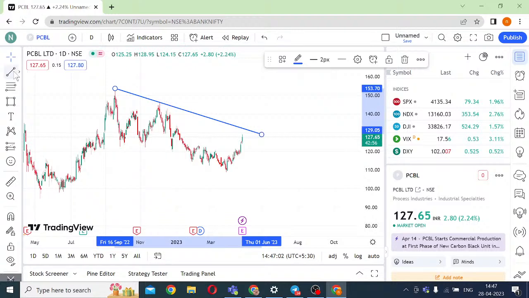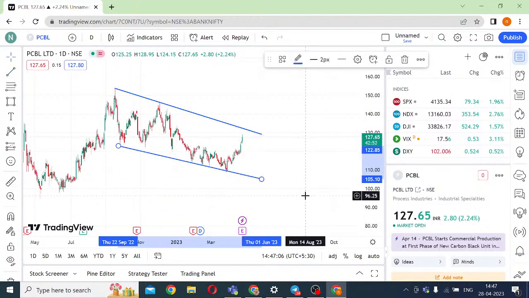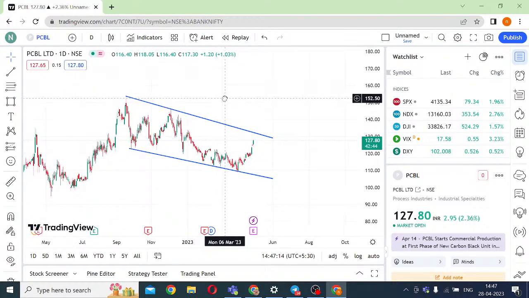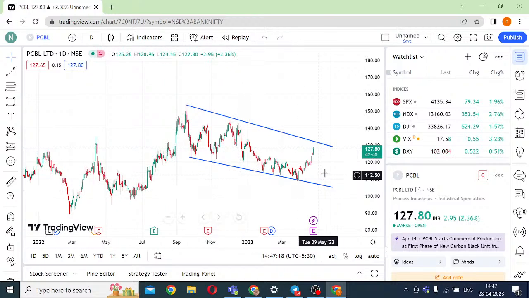It's actually in a channel. It's in a narrow channel right now. I think it took support around this level, and from there it has been going up. Jigar, if you have bought it around this level, 118, 119, then you can hold till 132.